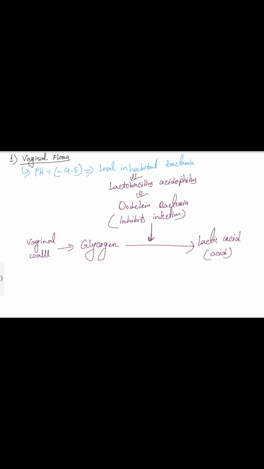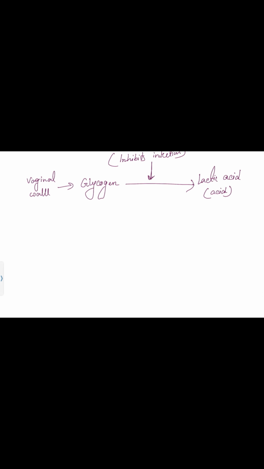What is this bacteria doing? It inhibits local infections. How does it inhibit the local infection? In the vaginal wall glycogen is present. What this Doderlein bacteria is doing is converting this glycogen into lactic acid, and that is why it is making the acid, and this acid makes the vaginal flora acidic, pH almost 4.5.